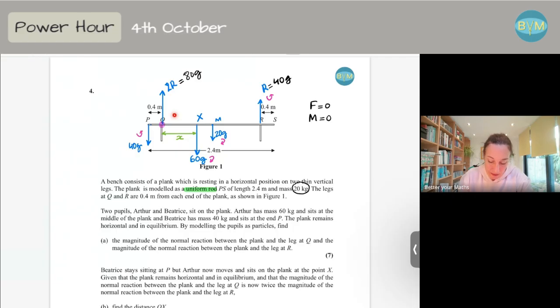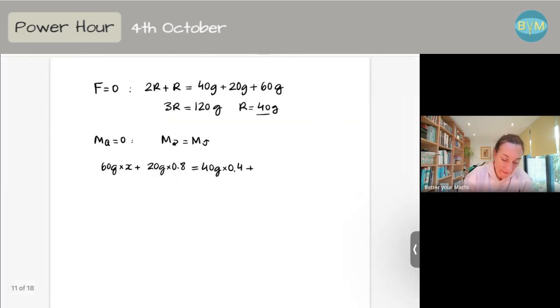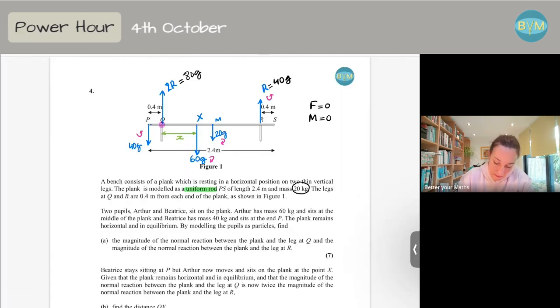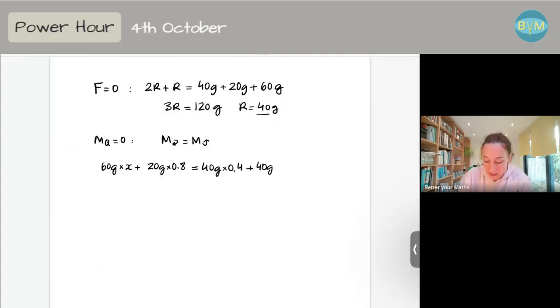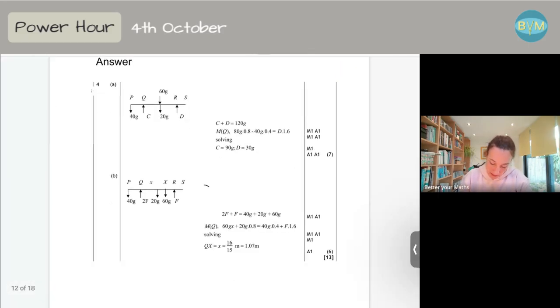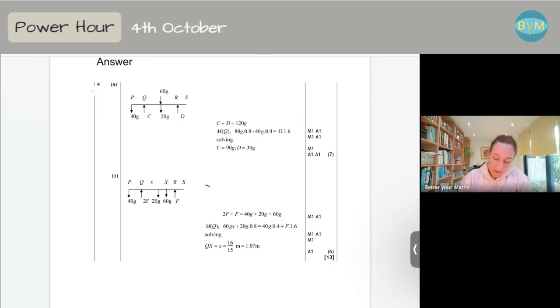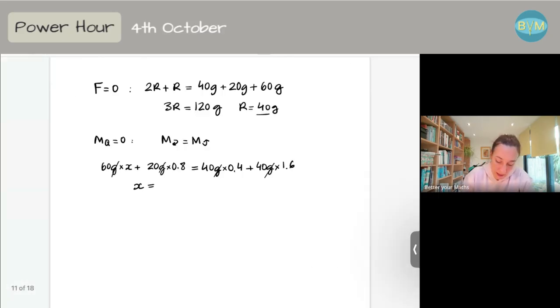So this whole distance, this is 1.6, no? 40G times 0.6. 40G times 1.6. And from here, we find X. We can cancel all the G's. It's going to be easier. And then I'm going to tell you what we get. So we get 1.07 meters. Just solving that equation.